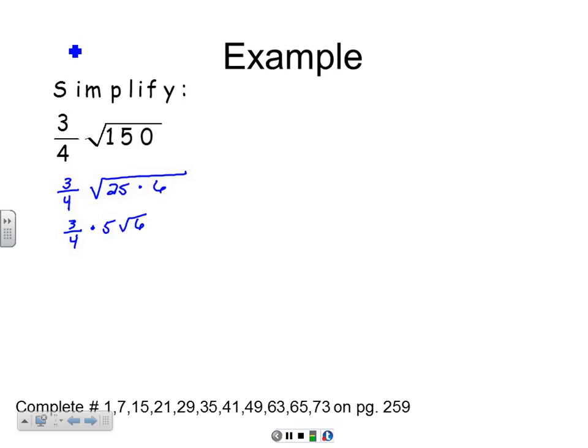So now you're just going to multiply in your calculator 3/4 times 5, which is going to give you 15/4 square root of 6. And I don't want you to change that to a mixed number. I'd rather you leave it as an improper fraction, and you'll understand why as we go through this chapter.